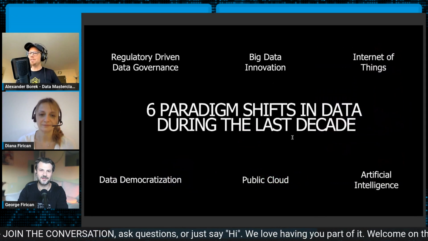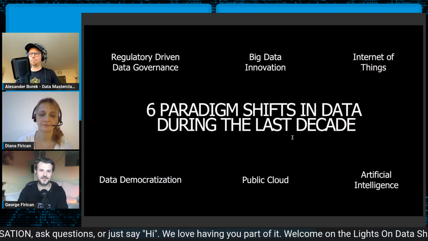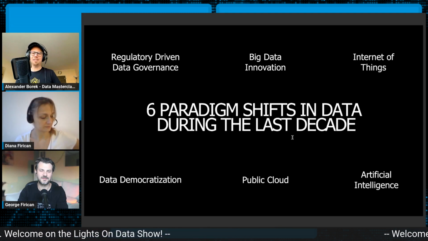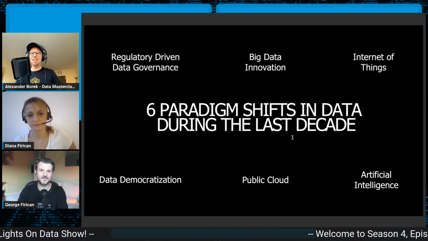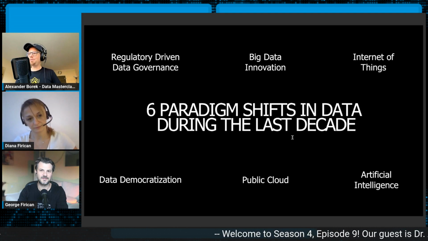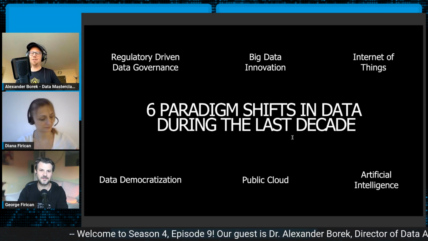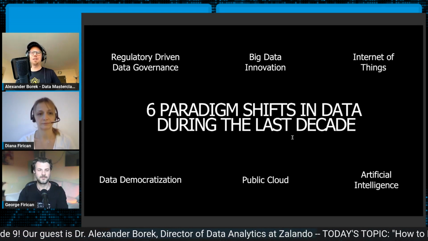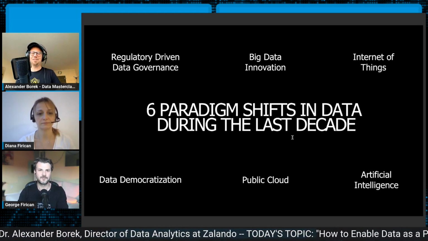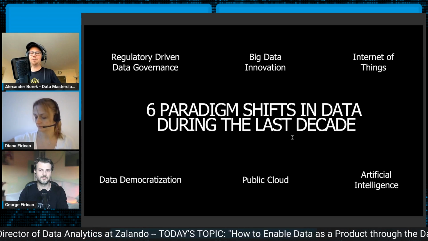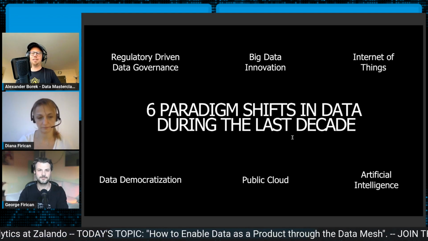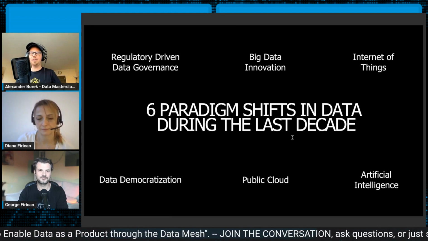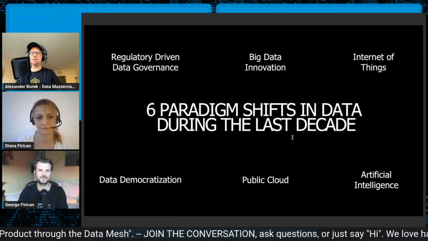But what I really want to talk about today is how we at Zalando came into adopting data mesh, or I would say even co-inventing data mesh. In data management, since the Chief Data Officer role came up, we've gone through at least 6 big paradigm shifts: from regulatory driven data governance, where the CDO role emerged, to big data innovation, where we started to see data as the new oil and pumped everything into data lakes where possible, with data scientists as the unicorn role.